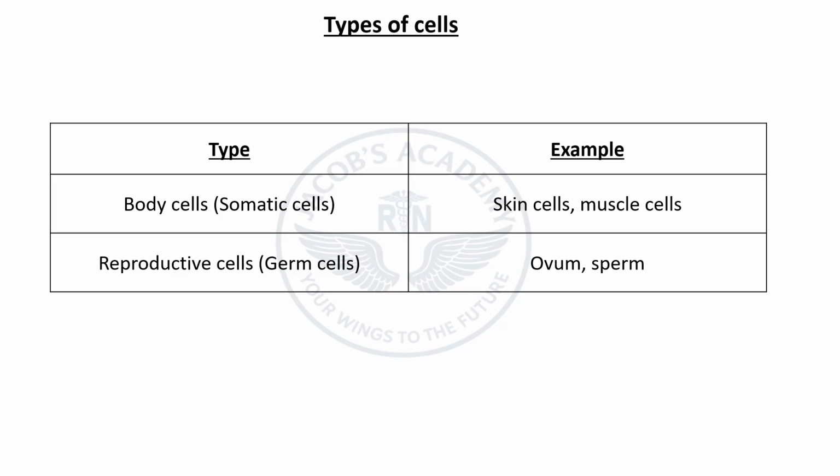So remember, somatic cells help us grow and maintain the body, while reproductive cells help create a new life. But both types are equally important for survival and continuation of life.